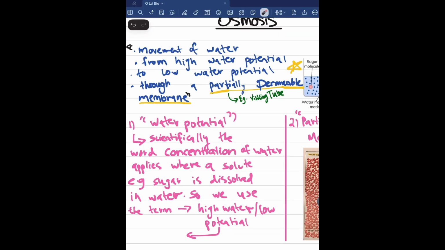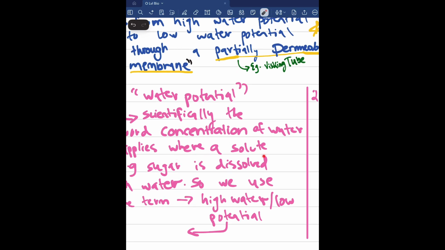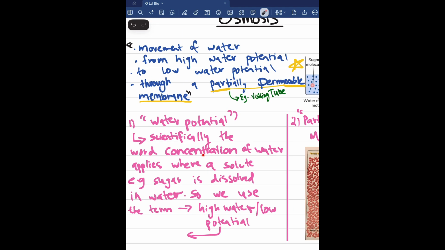So the answer is here. Water potential basically is a scientific word for concentration of water, right? Because if you directly say the word concentration of water, it would apply to a solute, right? A solute like sugar is dissolved in water, so that is sugar's concentration in water.